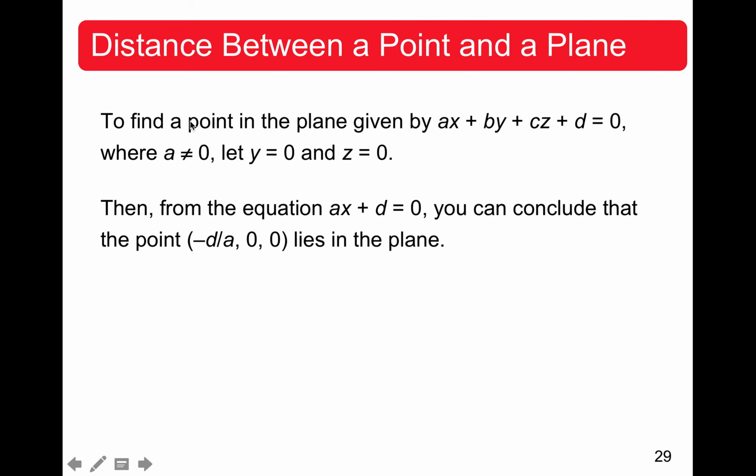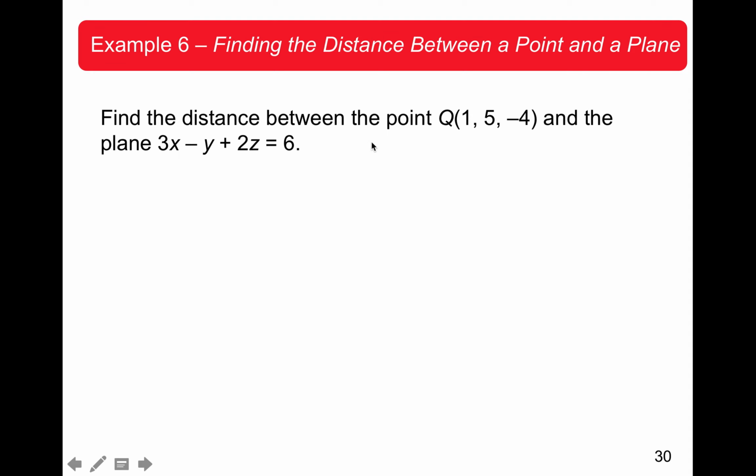So to find a point on the plane, given by ax plus by plus cz plus d equals 0, where a can't be 0, we're going to let y equal 0 and z equal 0. So here's our point Q, and the plane 3x minus y plus 2z equals 6.